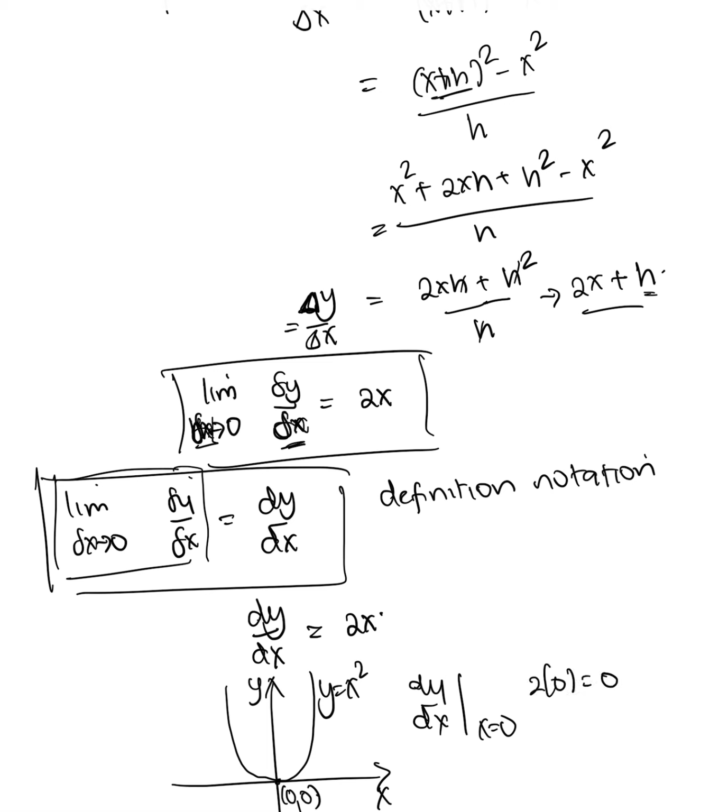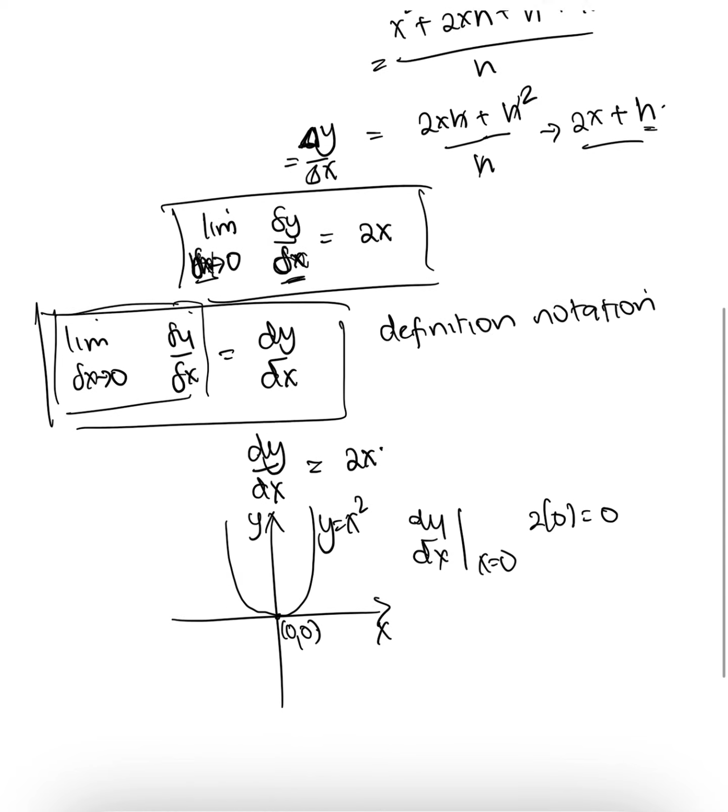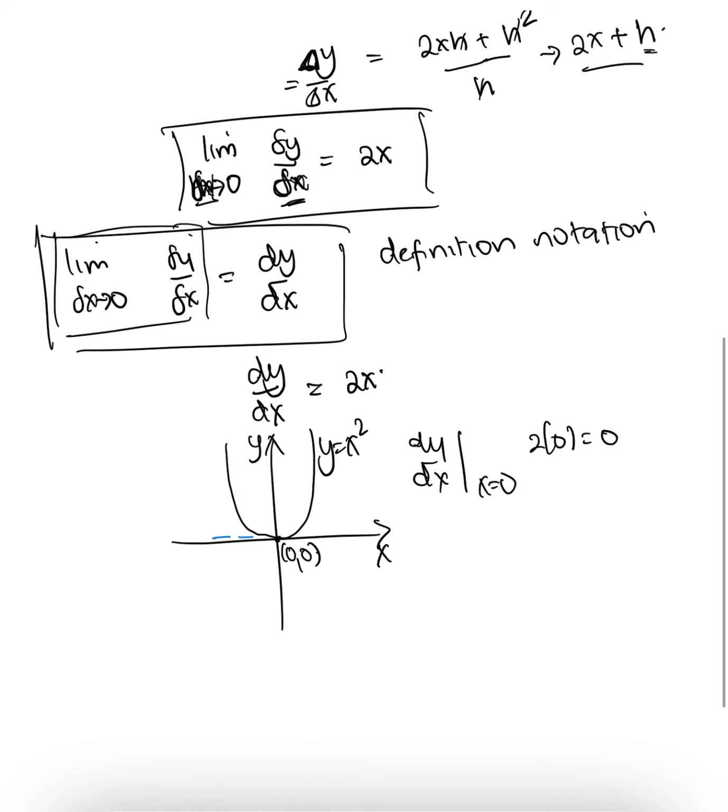And it is true, because if I draw a tangent here, it's just a straight horizontal line that has a gradient of 0. So that is how you get there. So we know that dy by dx of f of x in this situation is 2x.